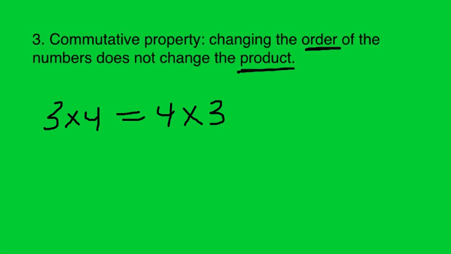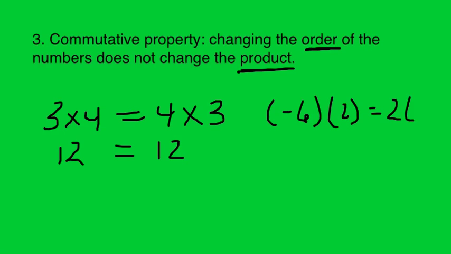I changed the order, but I'm still going to get 12 equals 12. Or I could say negative 6 times 2 equals 2 times negative 6. I'm still going to get negative 12 on both sides. Okay, so changing the order, I'm still going to get the same answer.